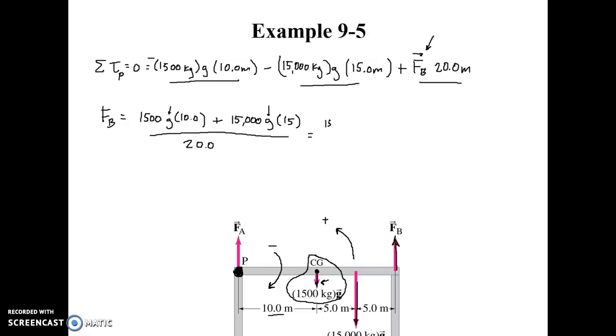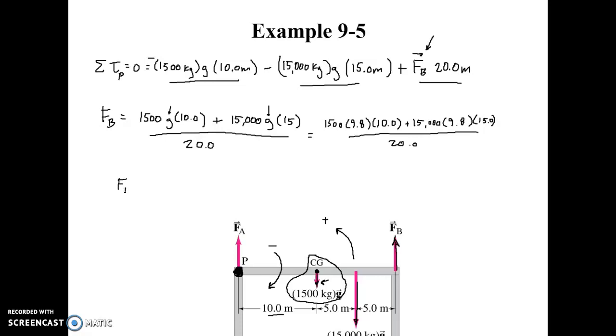So this is going to be 1500 times 9.8 times 10.0 plus 15,000 times 9.8 times 15 divided by 20. I suppose I should have made that 15.0. I don't want to drop off my sig figs. Okay, so there we go. We've got all of our terms into the equation.